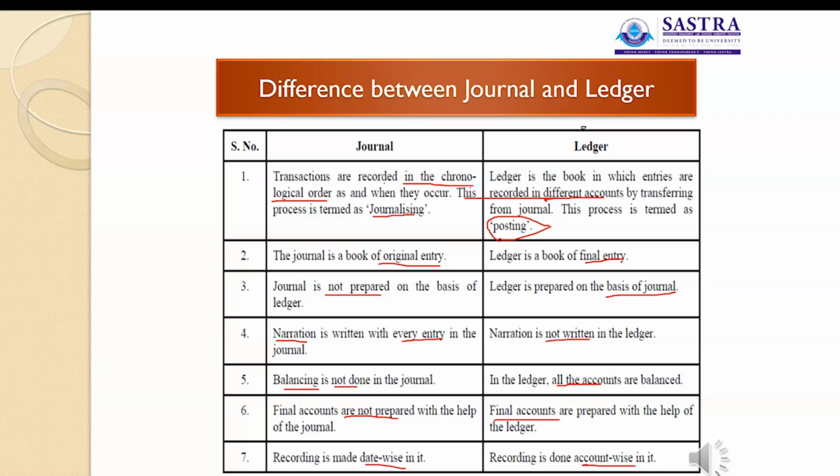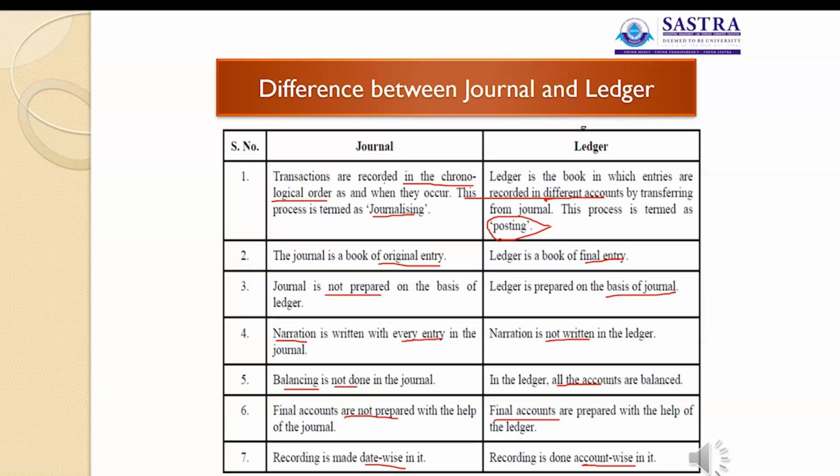Next difference is journal is a book of original entry or prime entry, but ledger is a final entry. After recording the transaction in the journal, the transactions are posted to the ledger account. So journal is a prime entry or first entry or original entry, but ledger is the final entry.